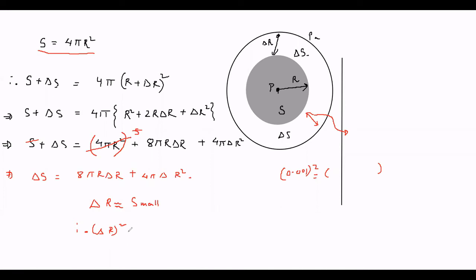So if delta r is very small, that implies that delta r square can be neglected.